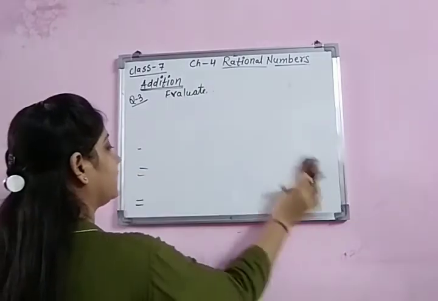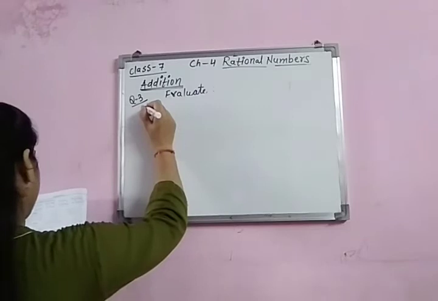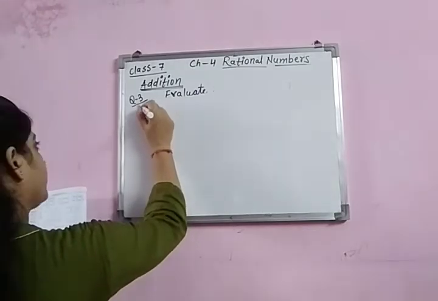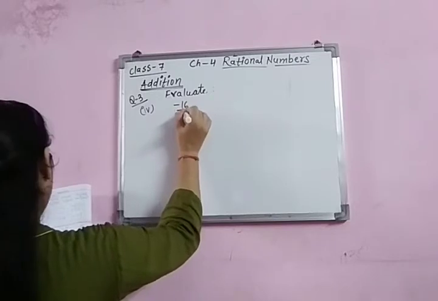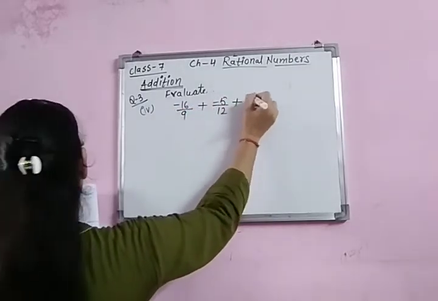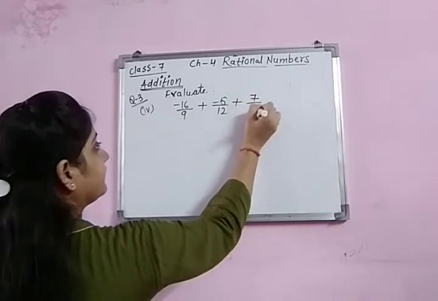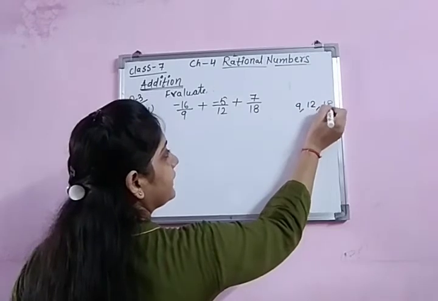Now the next question, when the denominators are unequal for the three rational numbers. Fourth part, negative 16 by 9 plus negative 5 by 12 plus 7 by 18. We need to take the LCM of 9, 12 and 18.